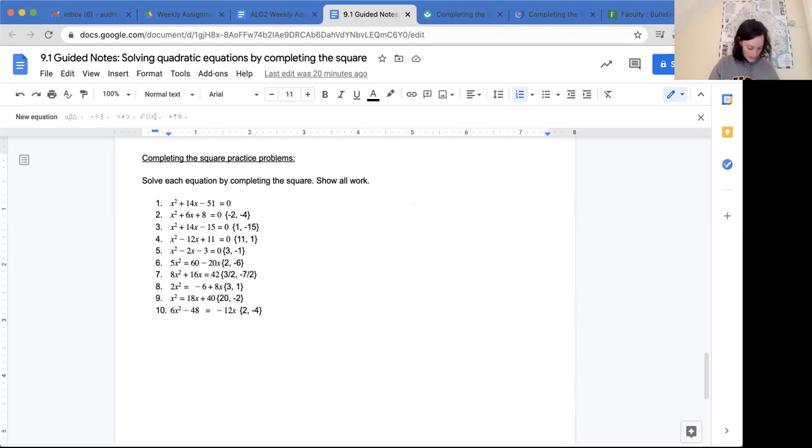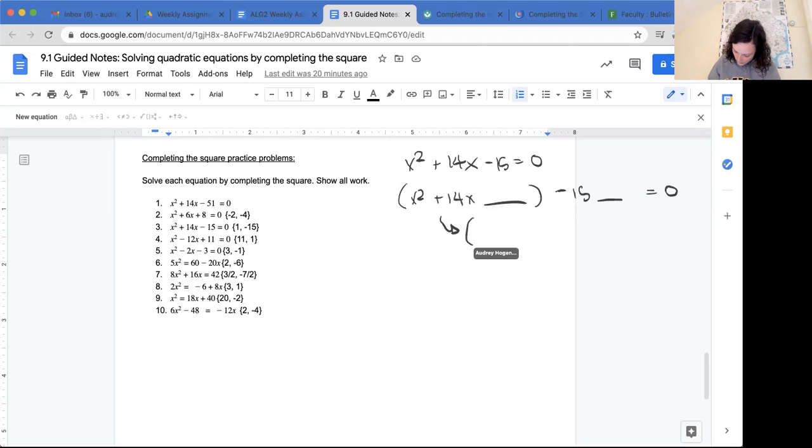All right, next up we have x squared plus 14x minus 15 equals 0. So again, x squared plus 14x blank minus 15 blank equals 0. 14 divided by 2 squared equals 49, so plus 49 minus 49.